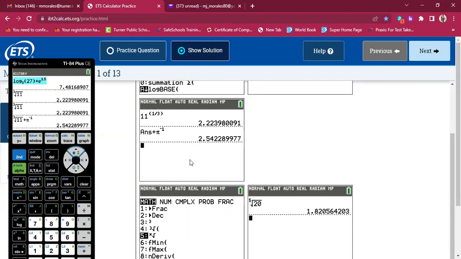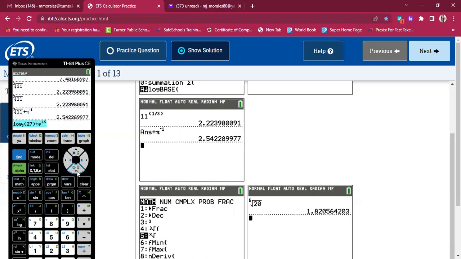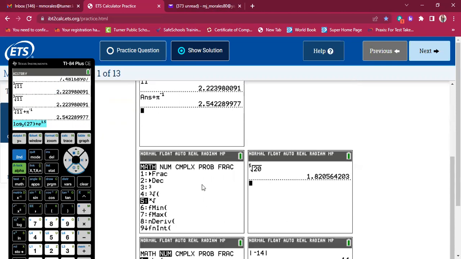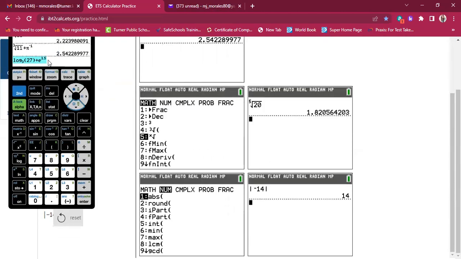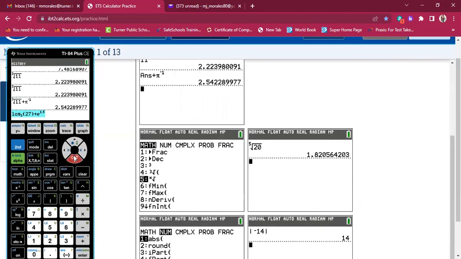And then we have, for this one, the cube root of 11 plus pi raised to -1, or 1 over pi. So the answer is 2.54. That's also right. And then we have the cube root, which we had also answered.